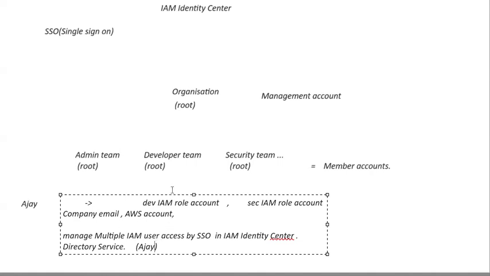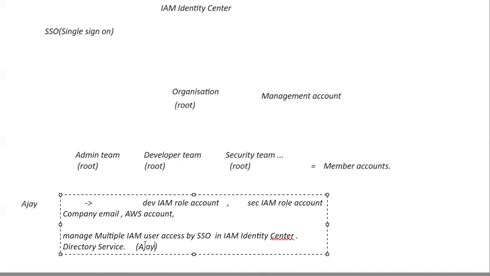He needs to access the development team services as well as the security team services. He is having the username Ajay, so what do we need to do? We need to attach the developer IAM role as well as the security team IAM role to this username, Ajay.